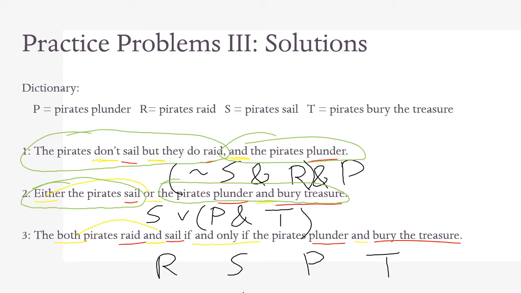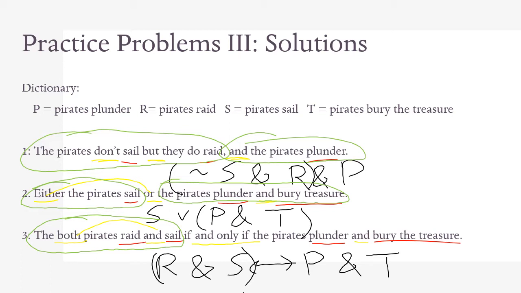So pirates raid and sail if and only if they plunder and bury treasure. Now, if you remember, I told you that both and usually signify that the things go together as one unit. That's what these are doing here. So we know that one set of our parentheses will go here. Let's look at the rest of the sentence.